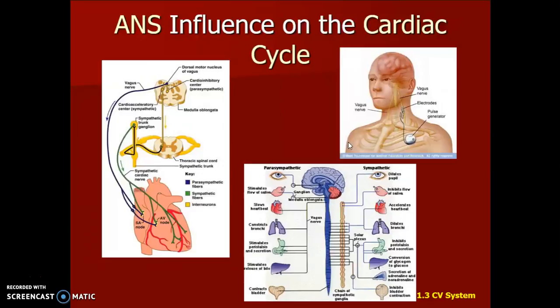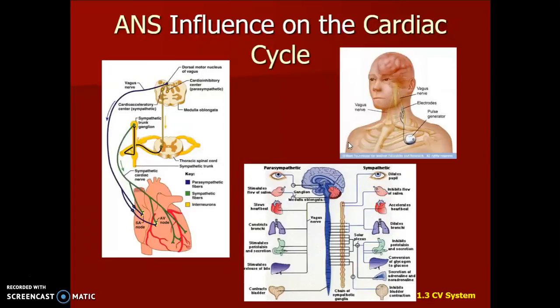Obviously at different times the heart's required to pump at different paces, and in order to cope with demand, if muscles have low oxygen, or if carbon dioxide is released, the blood needs to get rid of this.